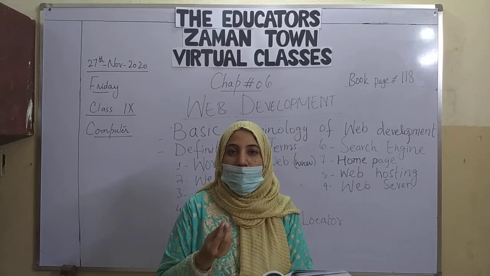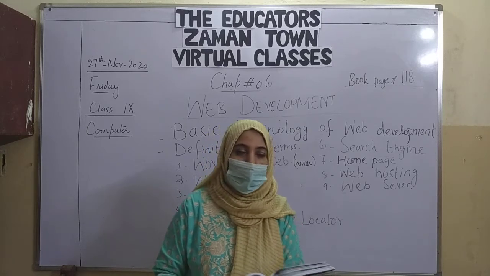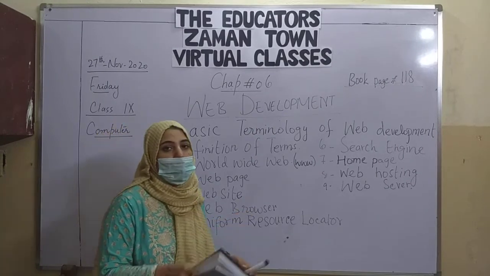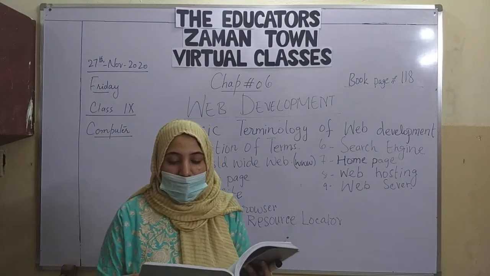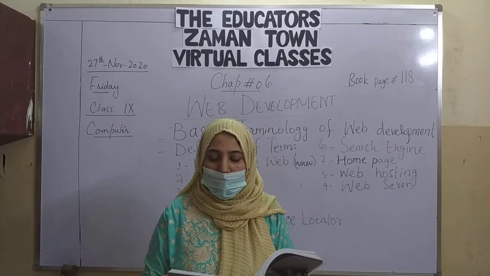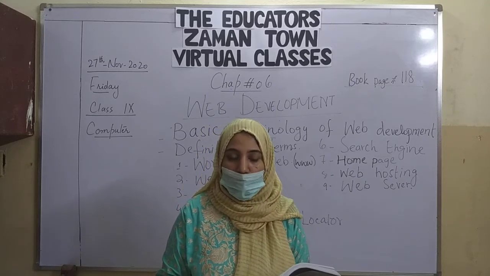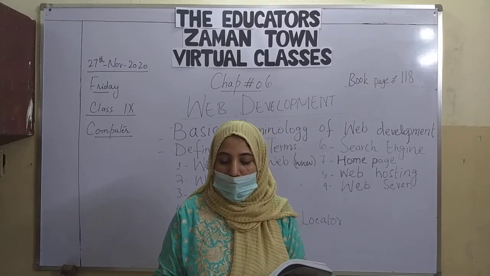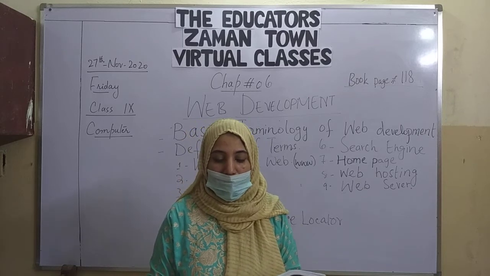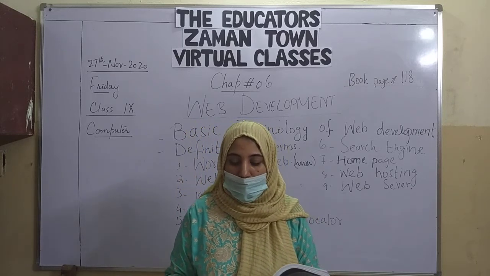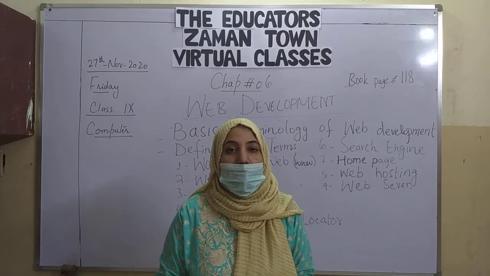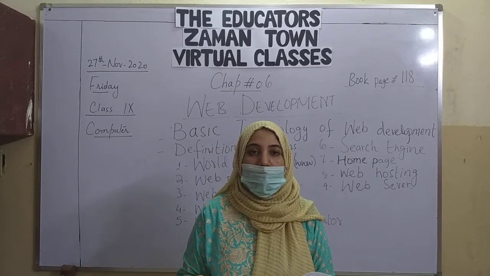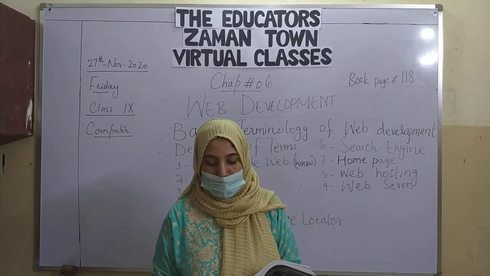To search anything on the internet is known as web browsing. We have many web browsers like Google Chrome, Internet Explorer, and Safari. These are the web browsers. The main purpose of these web browsers is to search anything on the internet.